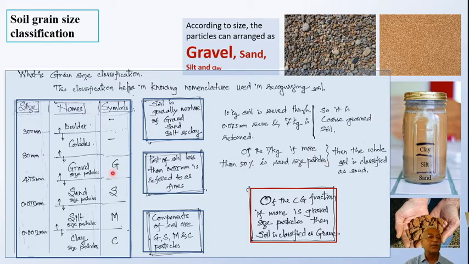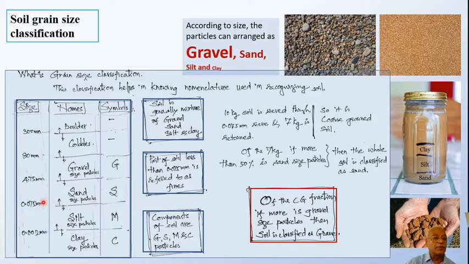Now what are the sand particles? We'll see here. If more than 50% of the soil is sand particles, then the whole soil is classified as sand. Now what is sand? Anyway, this we should remember. The major reference size, I told you, is 0.075.